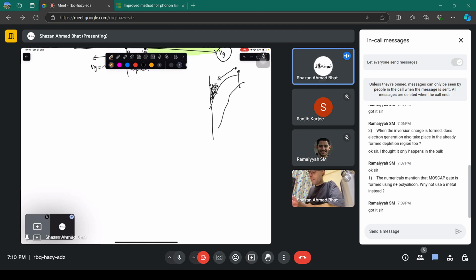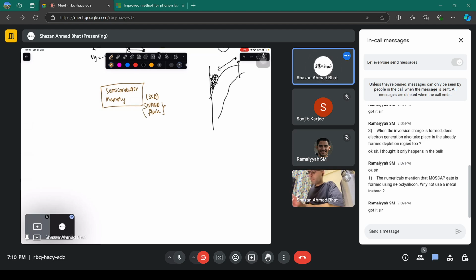One important thing came to my mind because of this polysilicon. You know about semiconductor memory. That is also based on this particular concept. Semiconductor means you might have heard about SSDs or NAND memory or flash memory, all based on semiconductors. They also have a similar system.